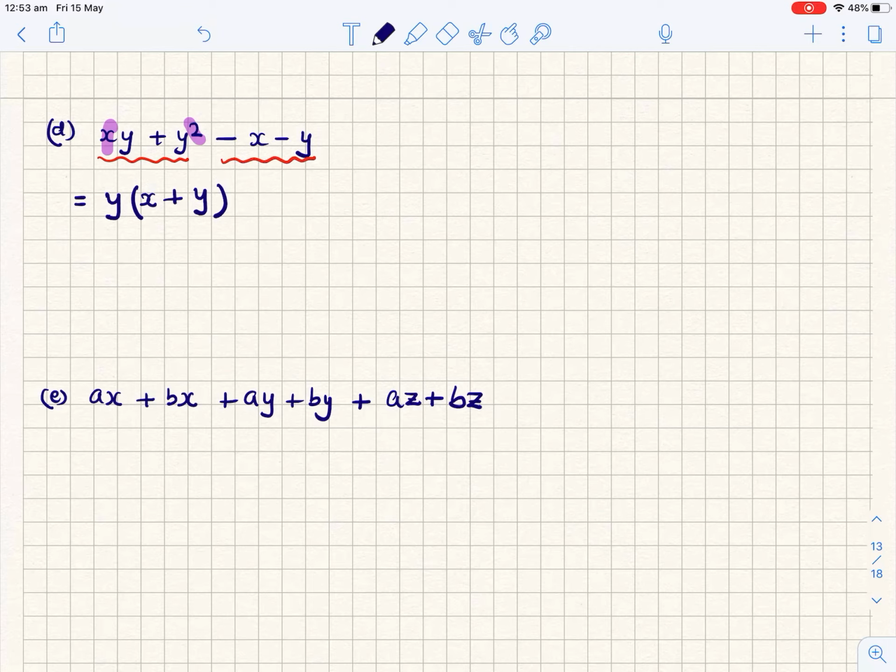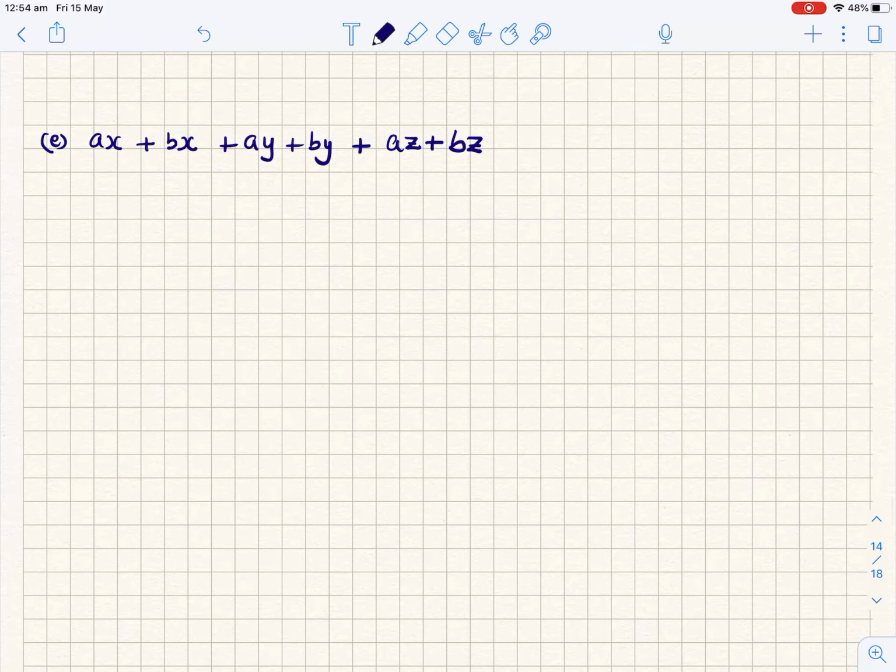If nothing is common, it means one is common. But because the first term in the second pair is negative, I should write negative 1 outside the parenthesis. Then negative x divided by negative 1 is x. Negative y divided by negative 1 is plus y. Now we can clearly say we have x plus y common, and we are left with y minus 1.